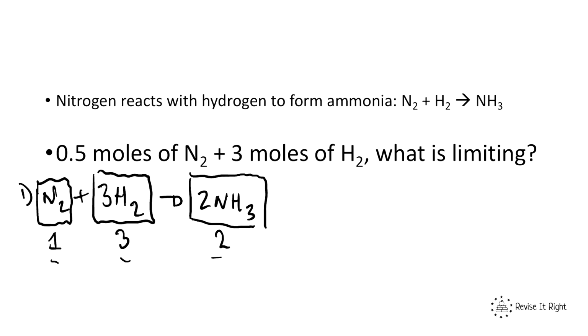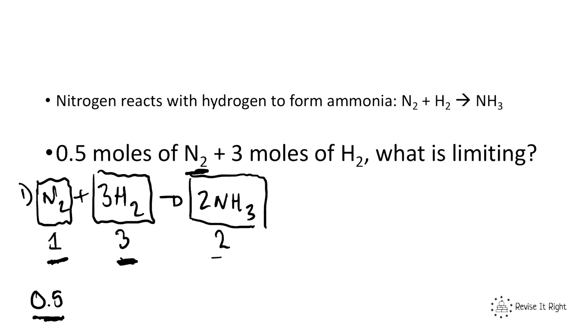So in our example, we have 0.5 moles of nitrogen, to react with 3 moles of hydrogen. So what is the limiting factor here? If we have 0.5 moles of nitrogen, we need 3 times as many moles of hydrogen as we do nitrogen, because our equation tells us that 3 moles of hydrogen is needed to react with 1 mole of nitrogen.